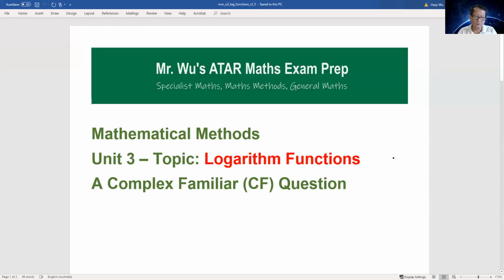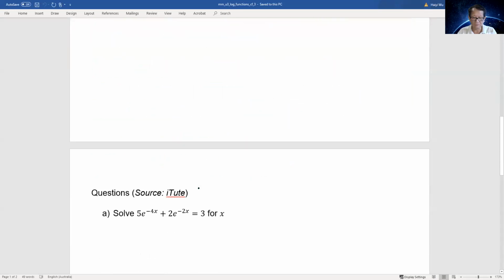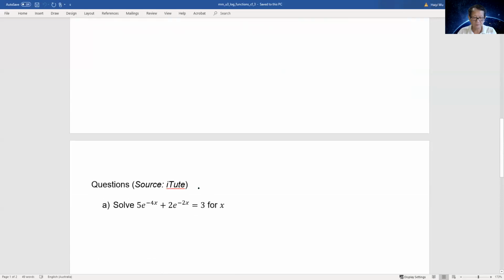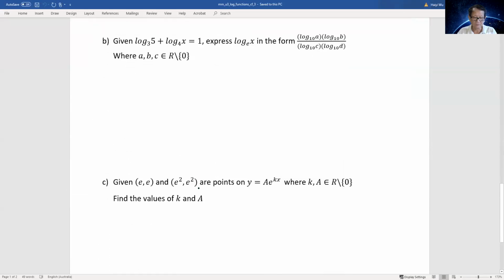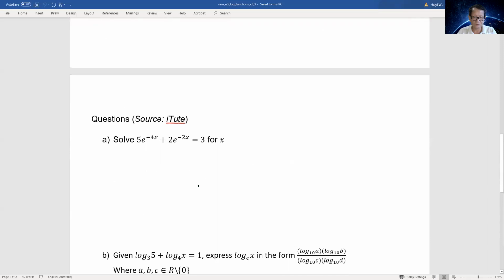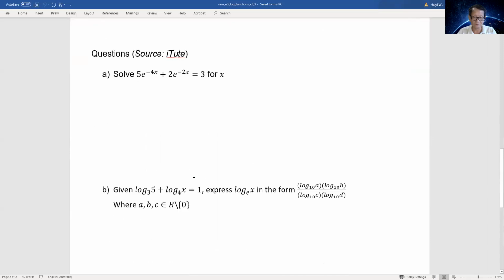Hello, today we are going to solve 3 questions of logarithm functions. So let's have a look at those 3 questions, A, B, C. They're all in relation to logarithm functions.